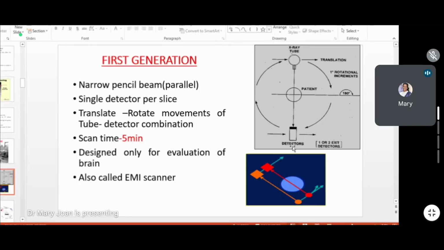So the tube and detector move like this, which is called translation, and rotation is when it rotates around this axis. Scan time was around 5 minutes, designated only for evaluation of brain, and it was also called an EMI scanner. So in order to just image the brain, it used to take 5 minutes.